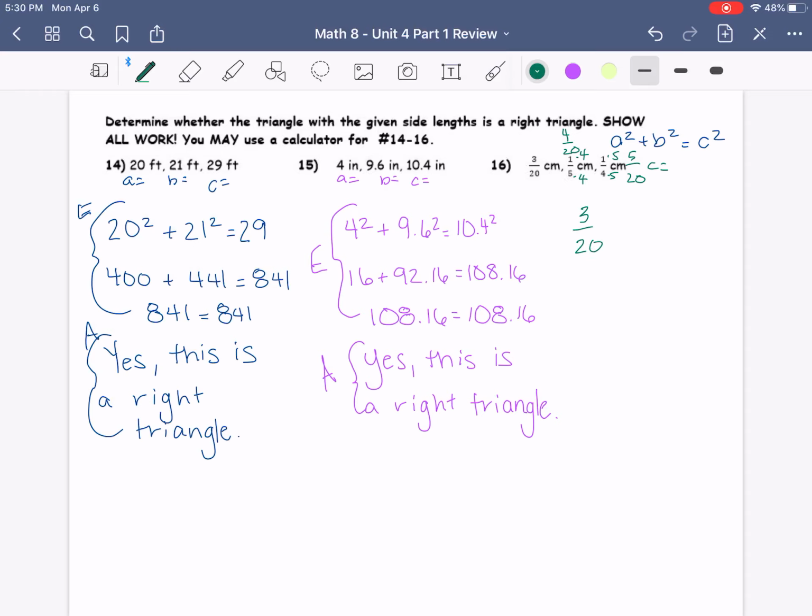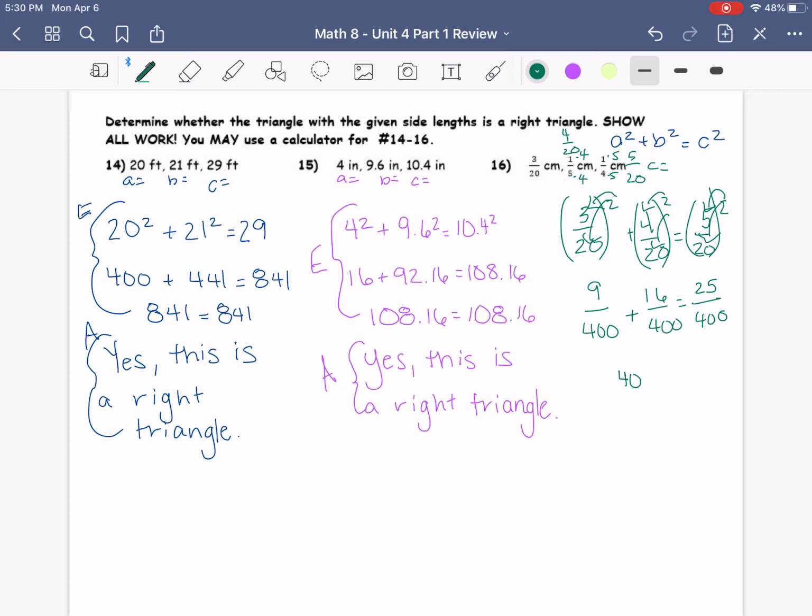So 3 over 20 squared plus 4 over 20 squared equals 5 over 20 squared. Okay, and remember we apply to both numerator and denominator, so 9 over 400, 16 over 400, 25 over 400. Remember, you keep your denominator and you add your numerators.